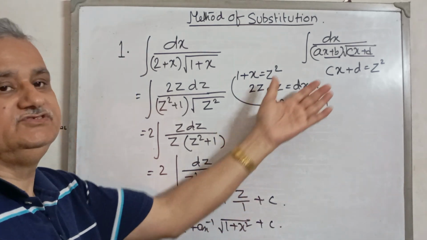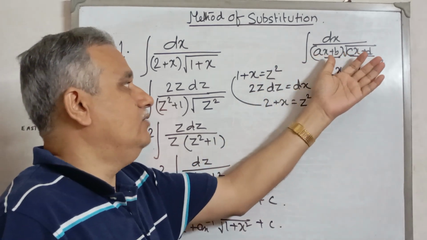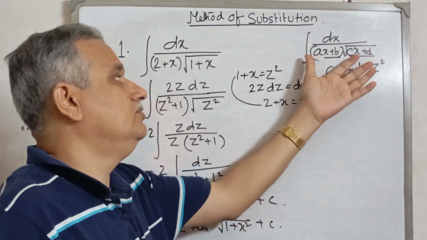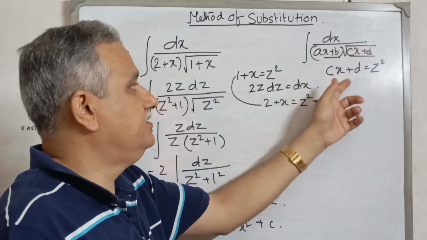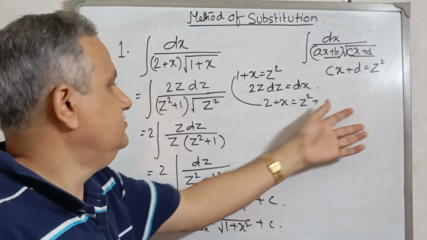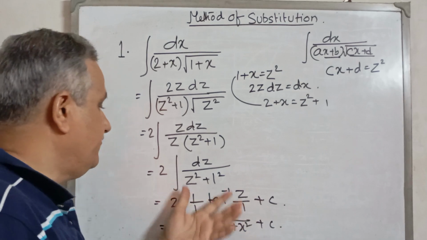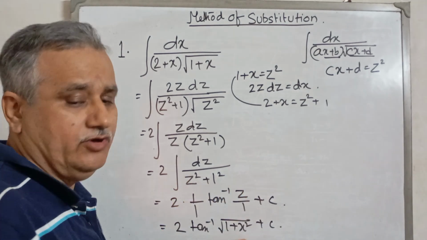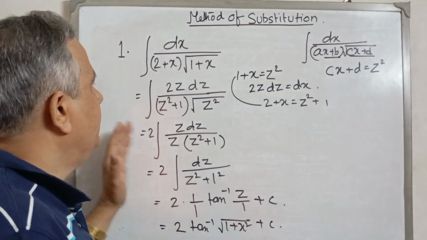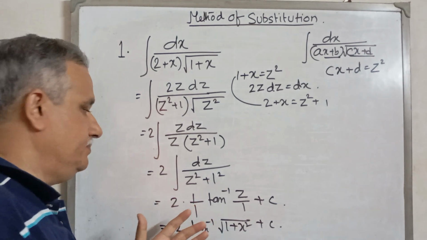So if we get this type of sum, where both outside and inside the root are linear forms, then we put the expression under the root as z square. Then it becomes a simple standard form, and now integrate it. Very simple problem. That is one type of problem.